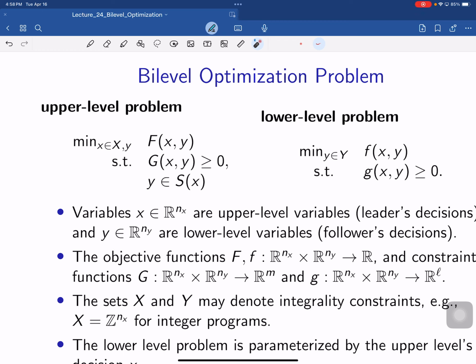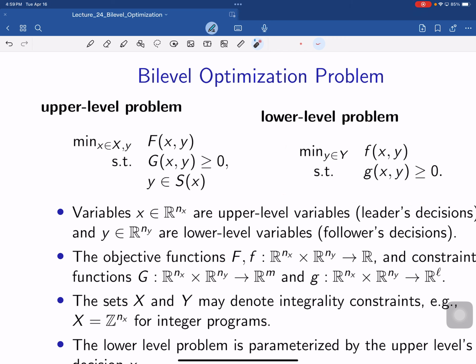To start with, X are the decisions of the leader and Y are the decisions of the follower. I will explain in a second why I put Y here as well. You can just assume the leader is minimizing over X, while anticipating that the lower level problem will be solved to optimality.